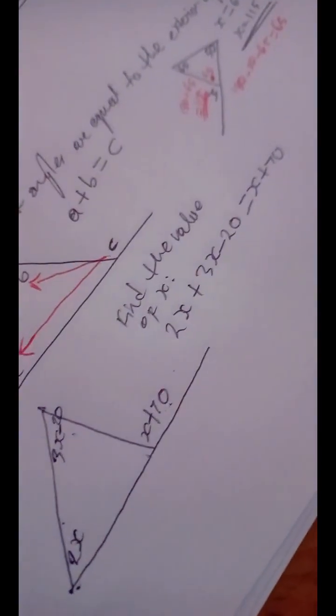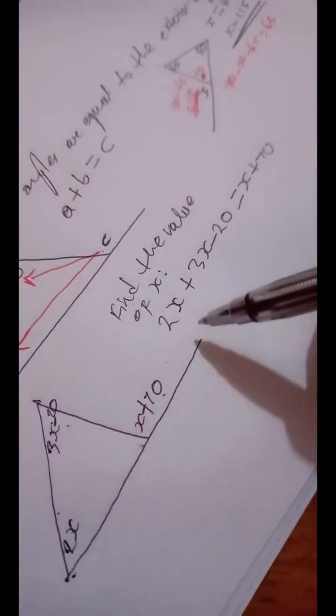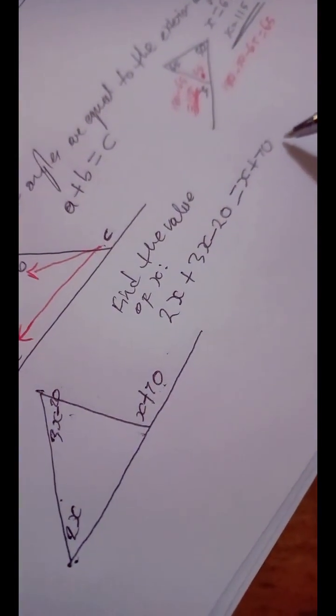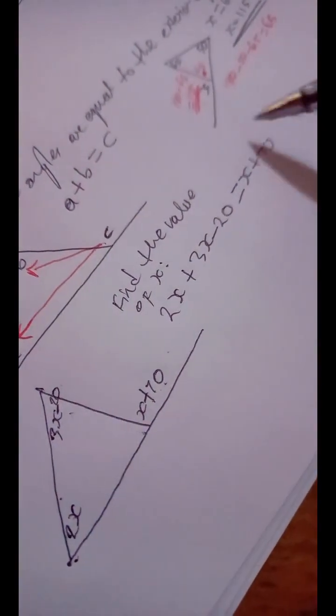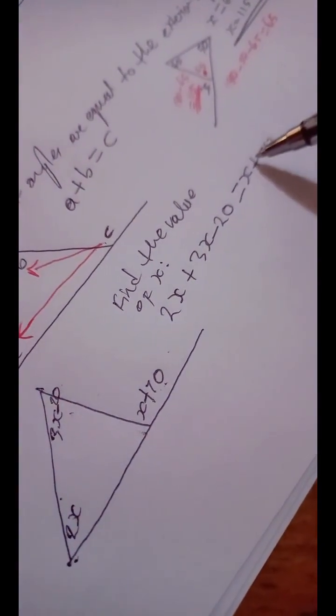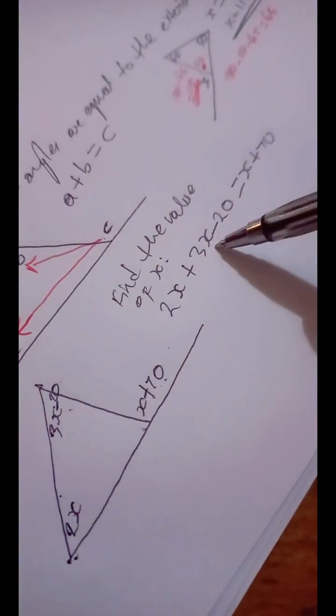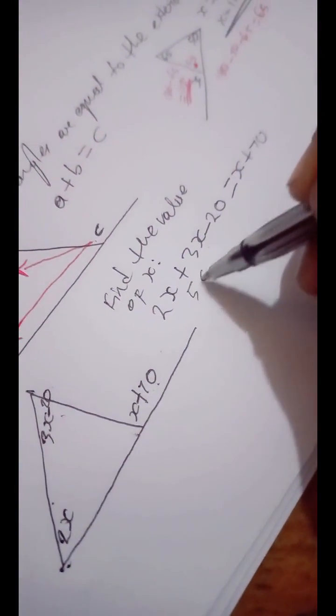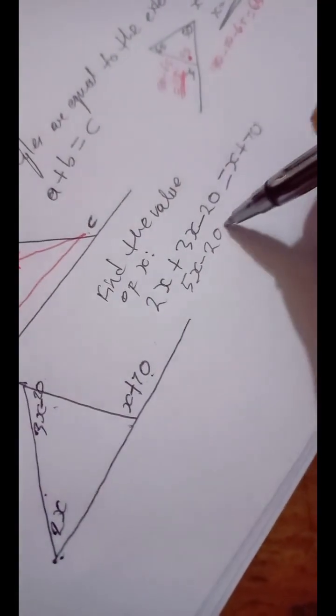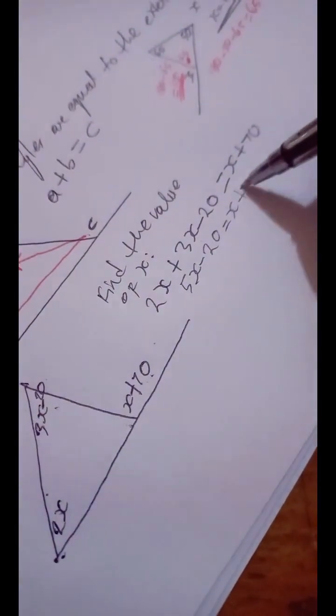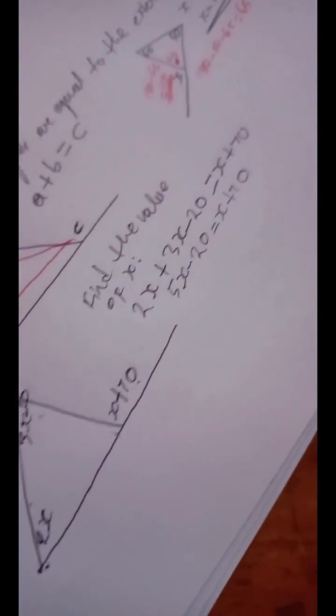From there, we simplify, looking for the value of what? X. Solve, right? This one is 5x minus 20 is equal to x plus 70, right?